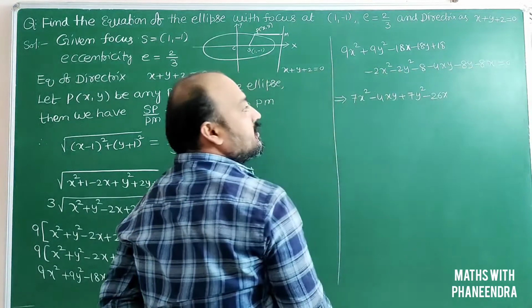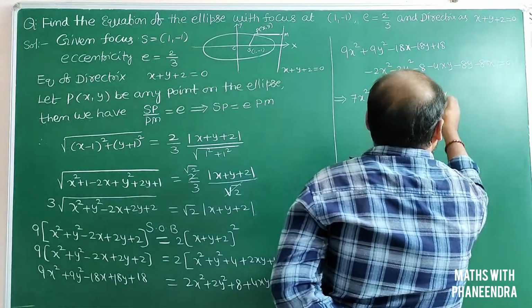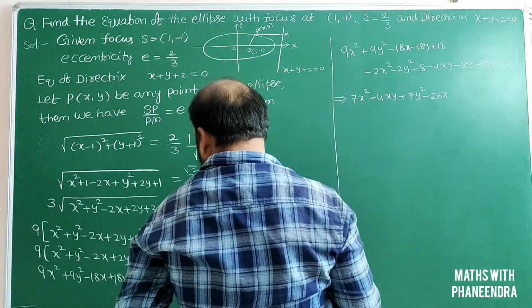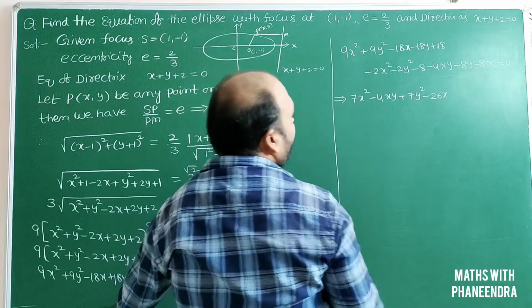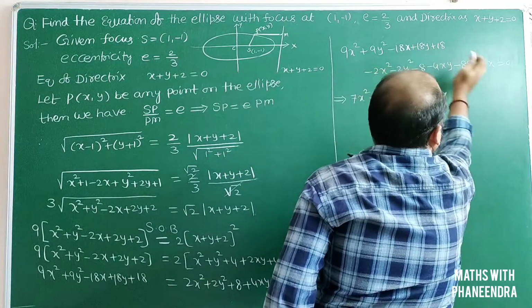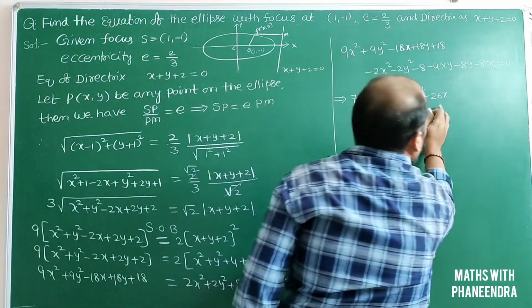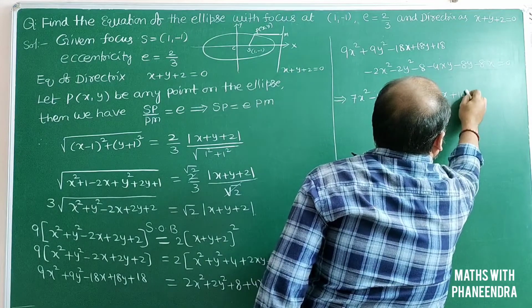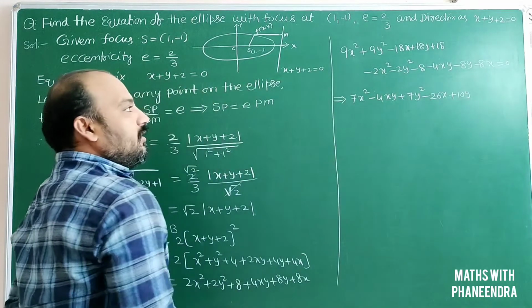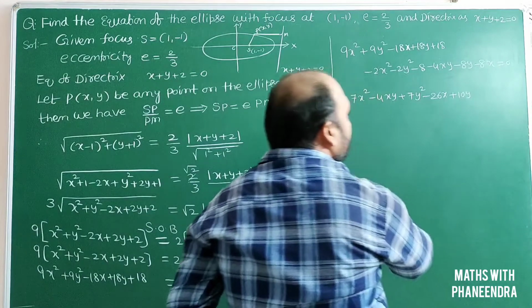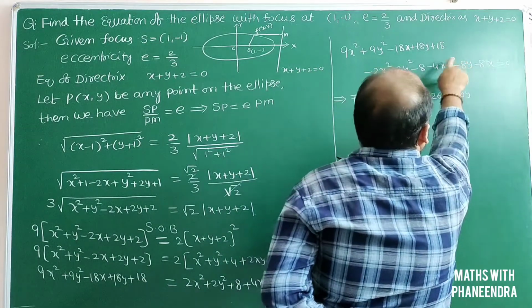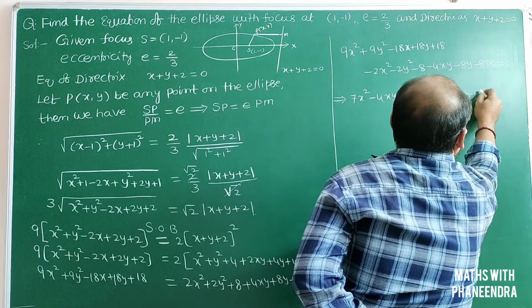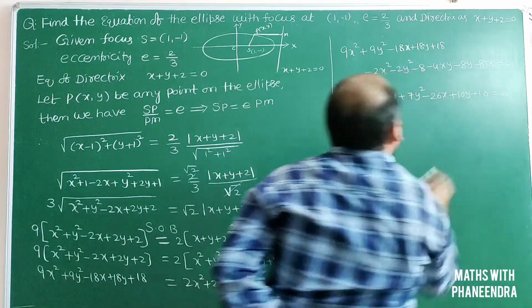Next, y term: plus 18y minus 8y is plus 10y. Next, the constant terms: 18 minus 8, so plus 10, is equal to 0.